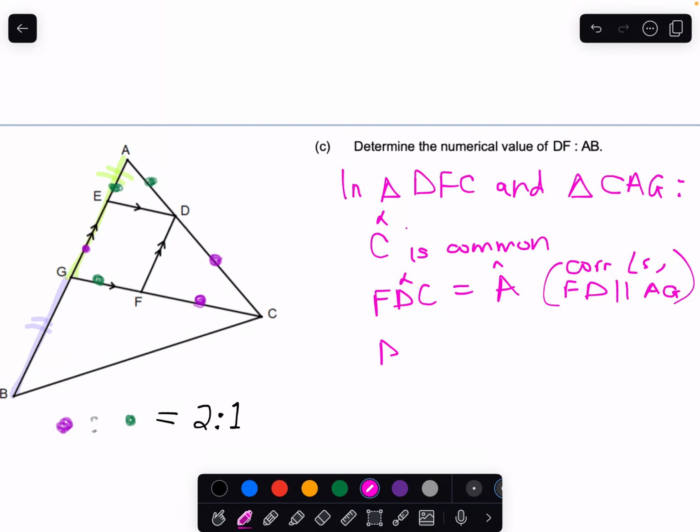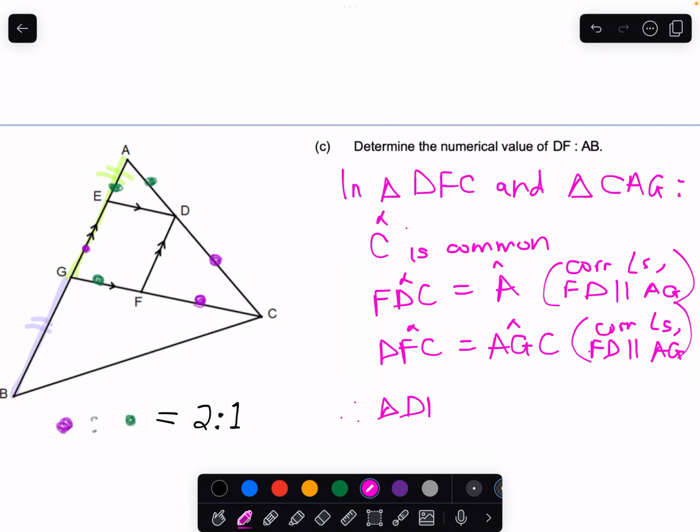And then we have angle DFC is equal to angle AGC for the same reason. Right, and therefore triangle CDF is similar to triangle CAG, because angle. Saying one letter and writing another one is madness, not congruent.